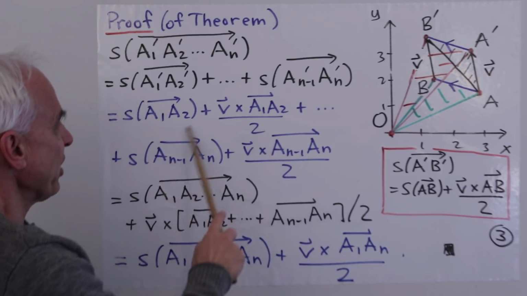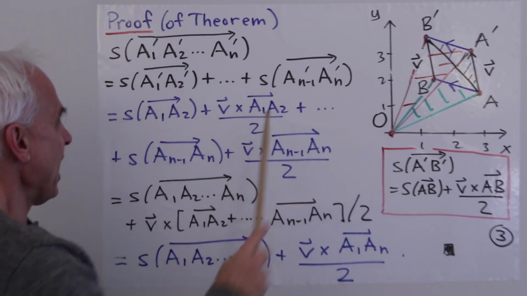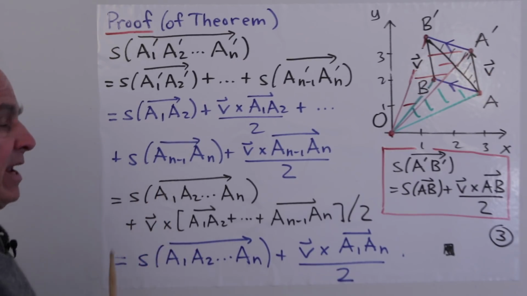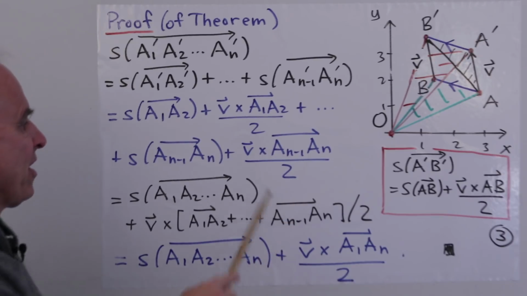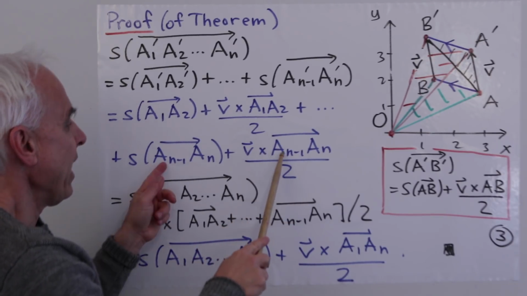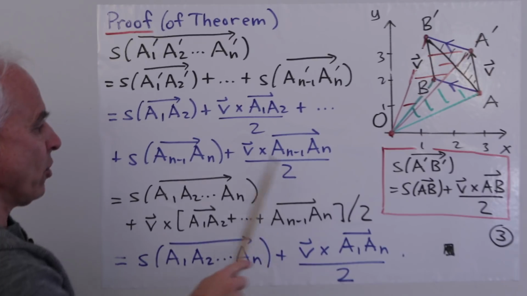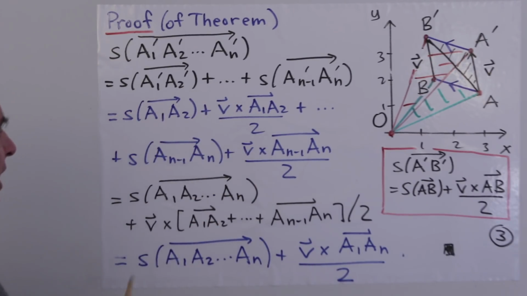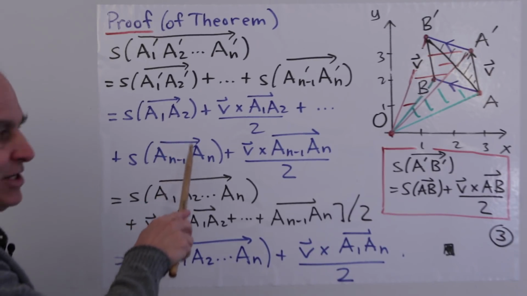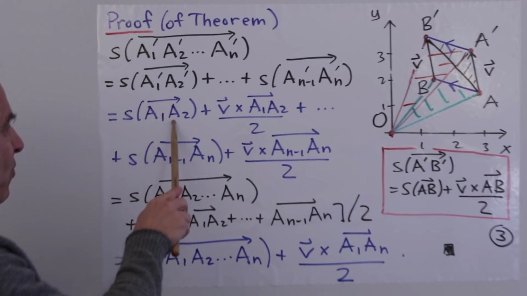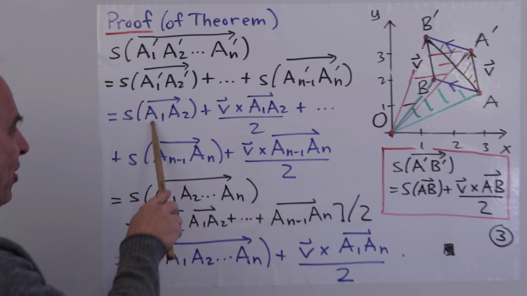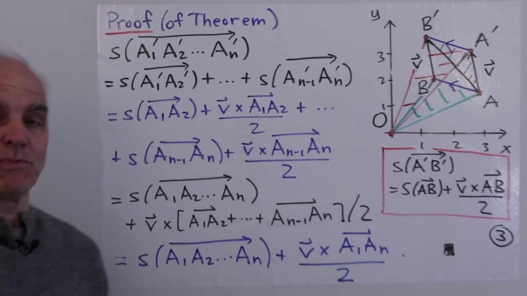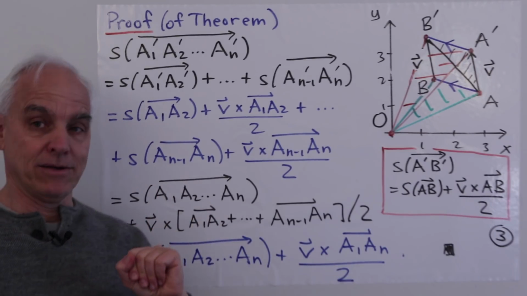And there will be a similar expression for each one of these all the way up to the last one, which is replaced with the signed area of AN minus 1 AN plus V cross the vector AN minus 1 AN all over 2. So altogether, when we look at the sum here, if we peel off the first entries of all these combinations, the S of A1 A2 plus the S of A2 A3 all the way down to S of AN minus 1 AN, we just get the signed area of the original spline A1 A2 up to AN.